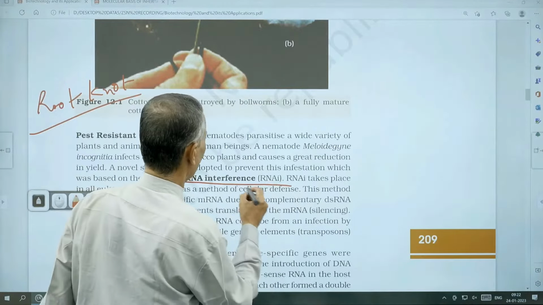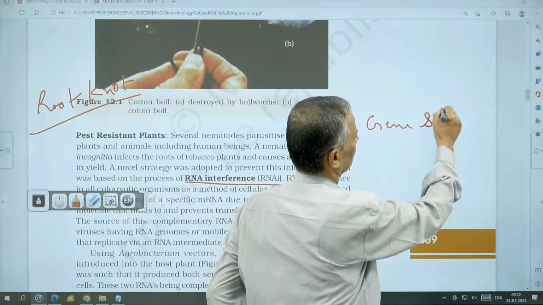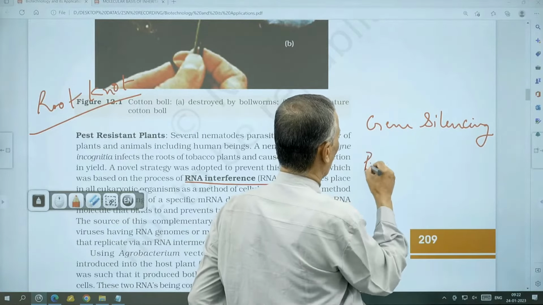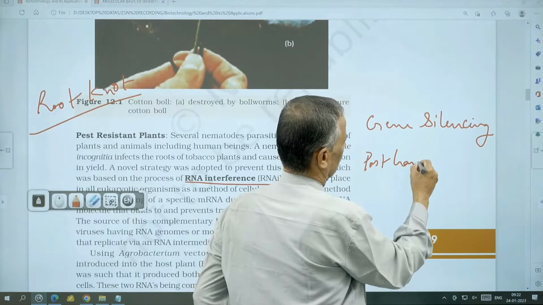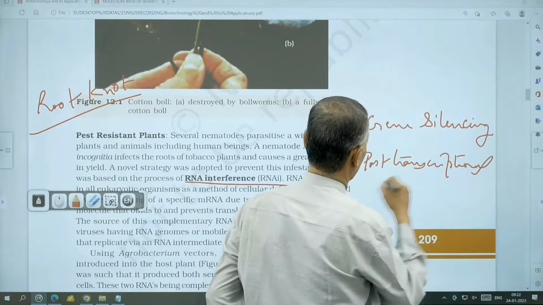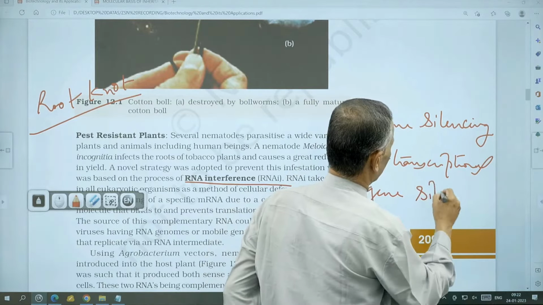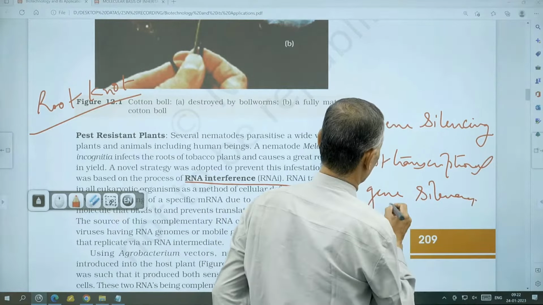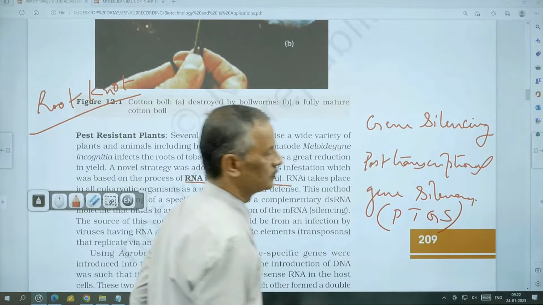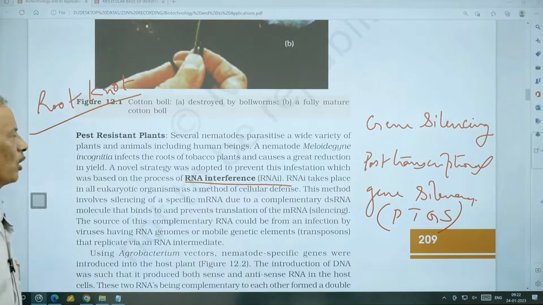They are called by different names like gene silencing or post-transcriptional gene silencing, in brief PTGS, or RNA interference or RNAi.